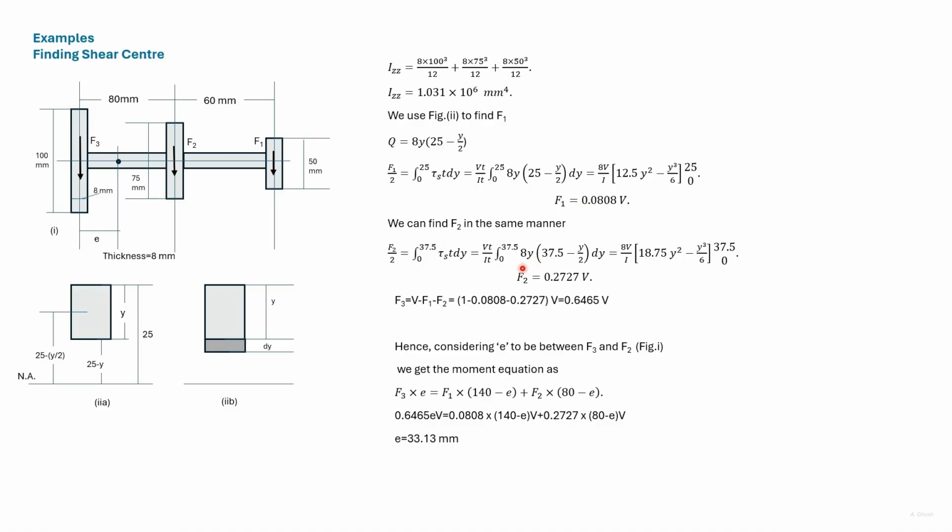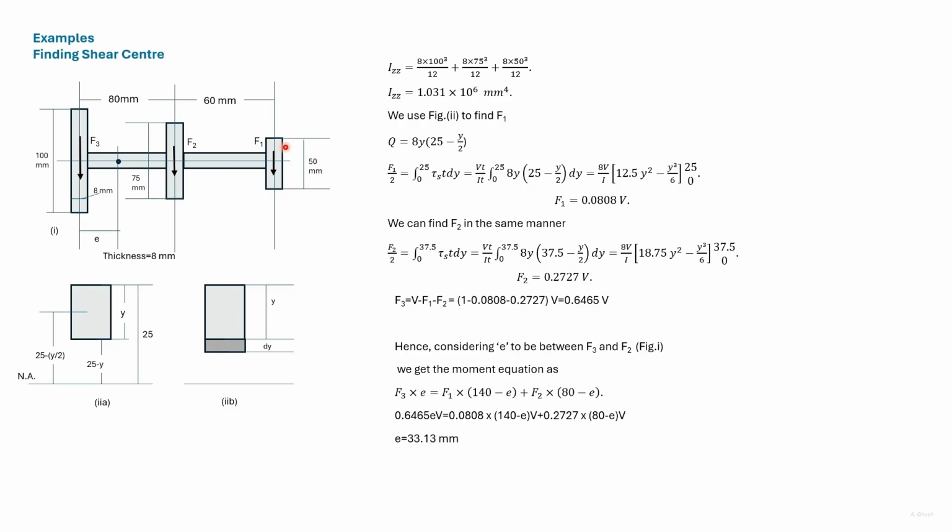Q here is 8y(37.5 minus y by 2). Again here we have taken 8 outside, and we find these are the terms within the bracket after integrating. Substituting y as 37.5 and using the value of I, we get F2.